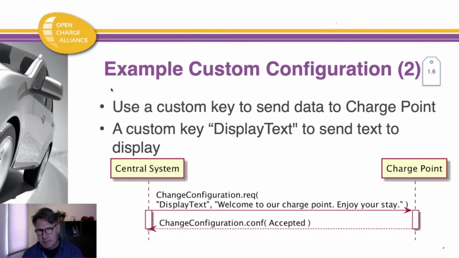But we can create a custom key called display text. And then if we set the value of display text, we can have the charge point show that on the display. Of course, the charge point needs to have the customized firmware that monitors this variable, and if it changes it, it displays it on the display. But if you have that, then you don't need any really custom message to support this.